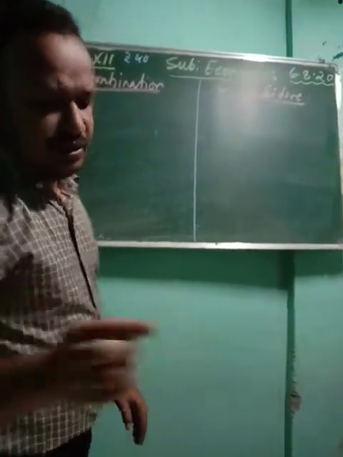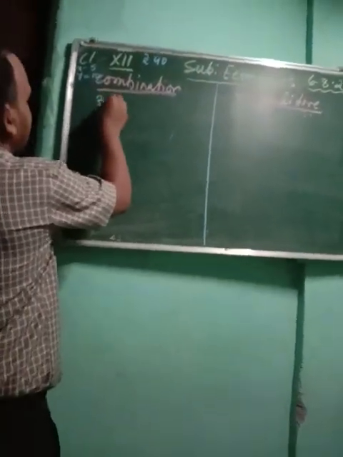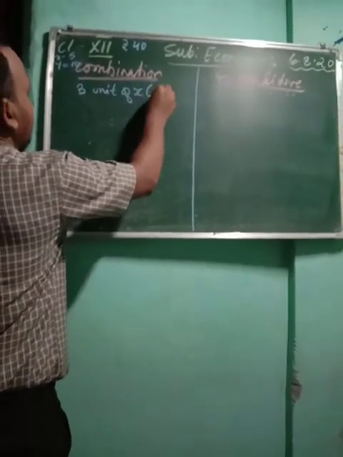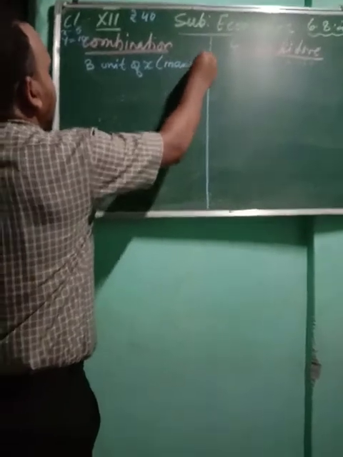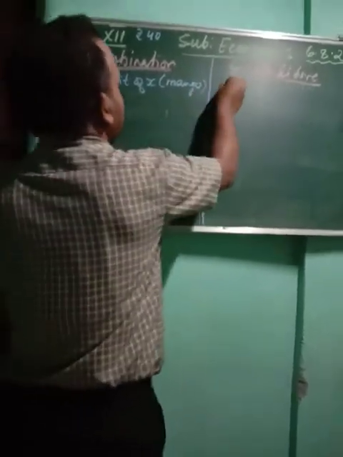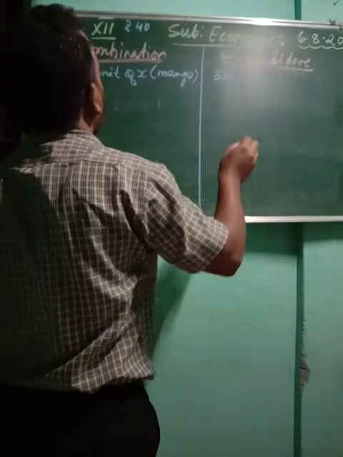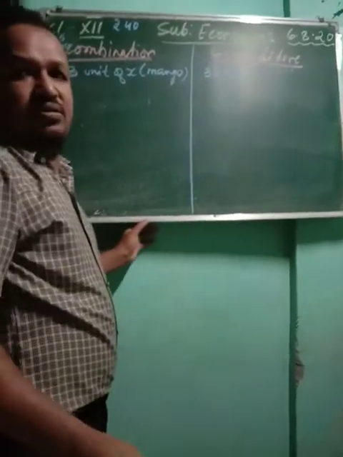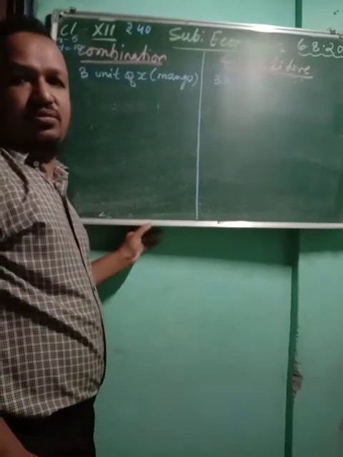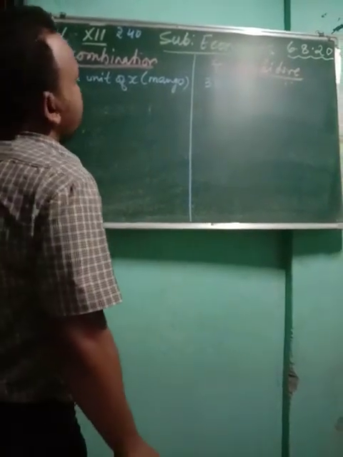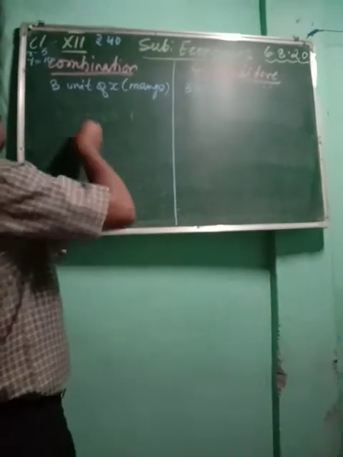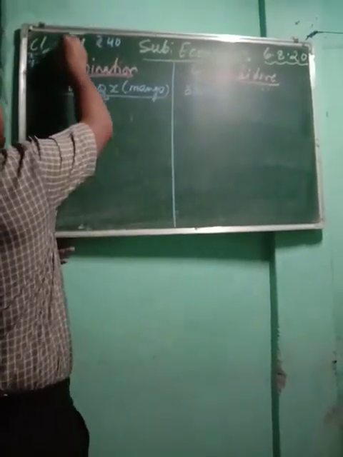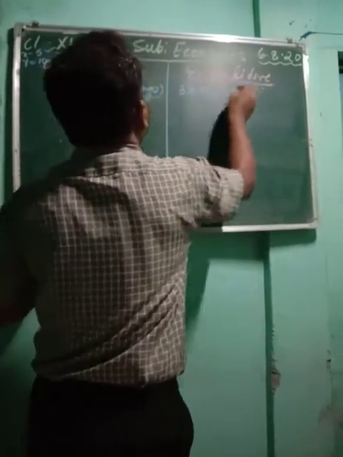Suppose he is buying 3 units of X, that is mango. The cost of mango is 5 rupees, so 3 into 5 is 15.